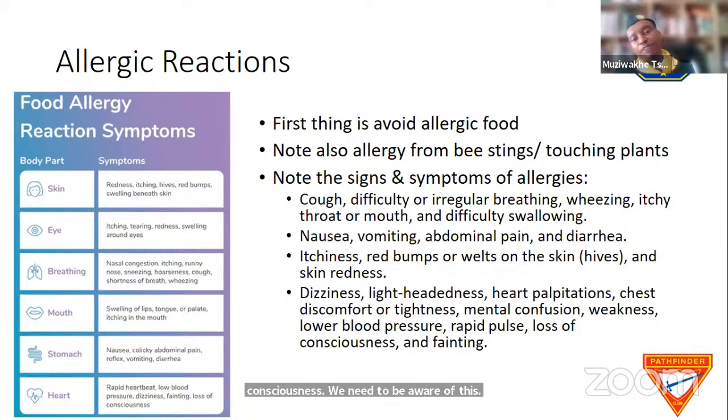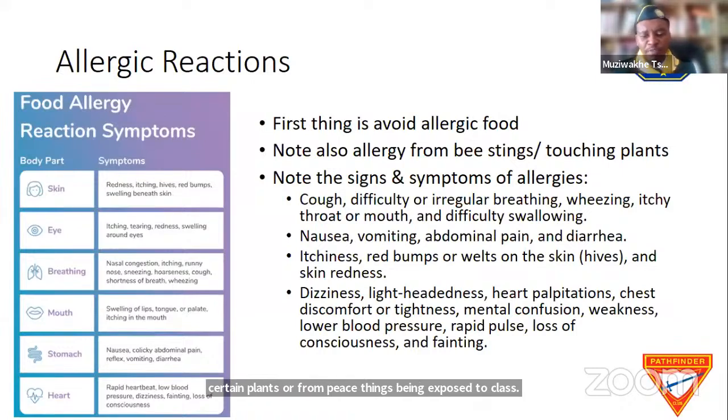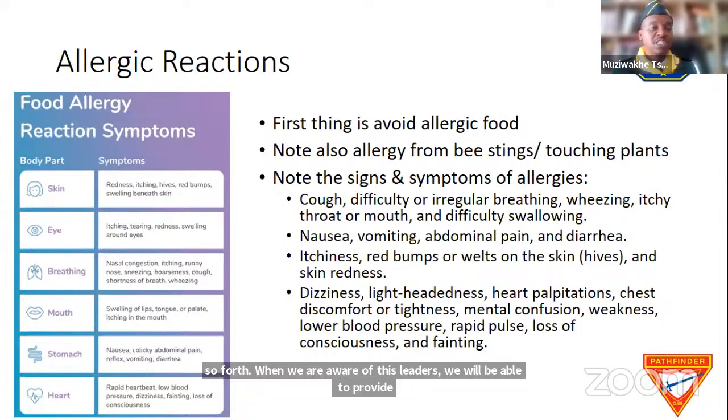Now, the first thing to do is to avoid allergic foods, and to note also all allergies, for example, from touching certain plants, or from bee stings, being exposed to grass, and so forth. When we are aware of these, leaders, we will be able to provide the first aid care that our children will need.